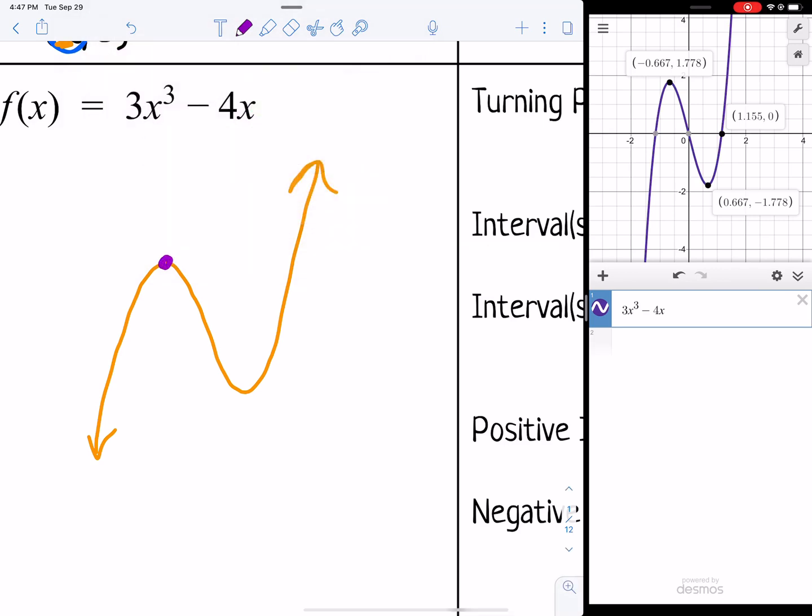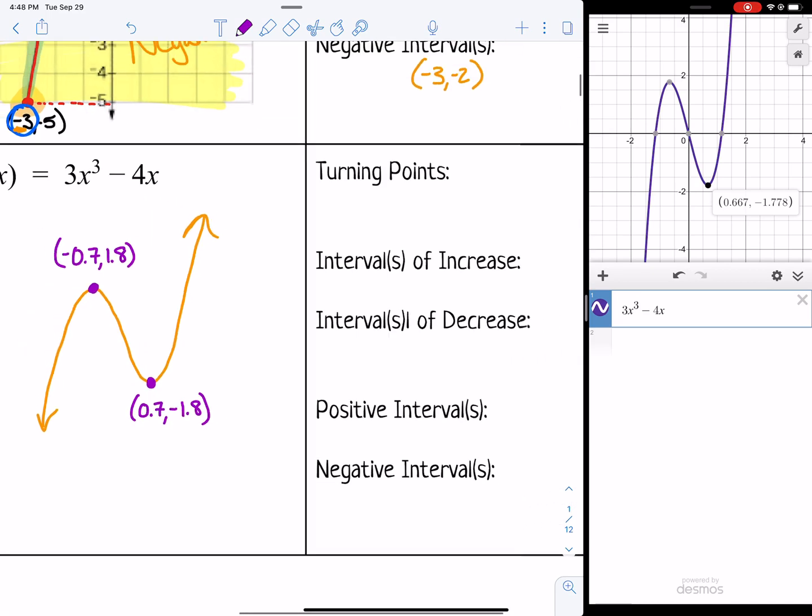We have this turning point here and this one down here: a relative maximum at negative 0.7, I'm just going to round it off, and 1.8. And then the relative minimum point was at positive 0.7, negative 1.8. Those were my turning points, so I'm also going to write them over here.